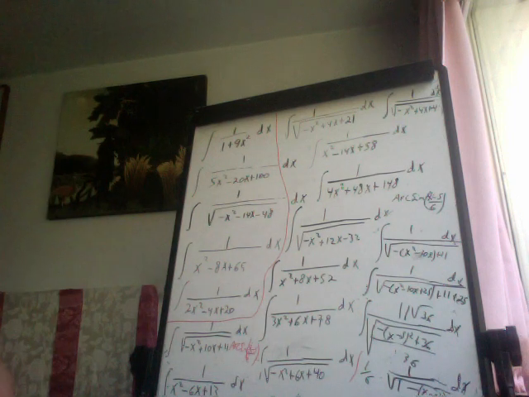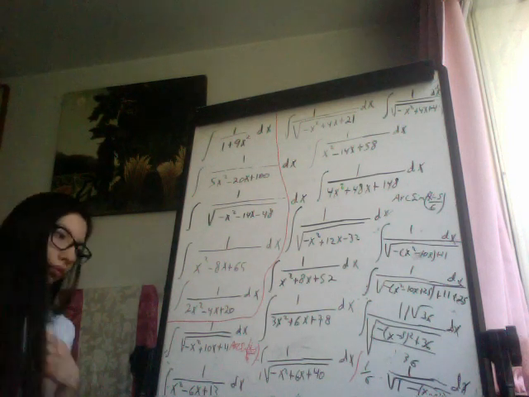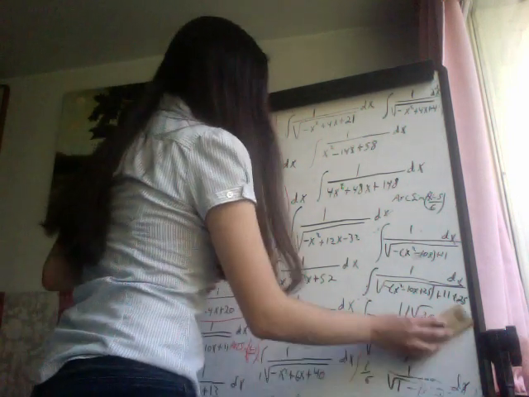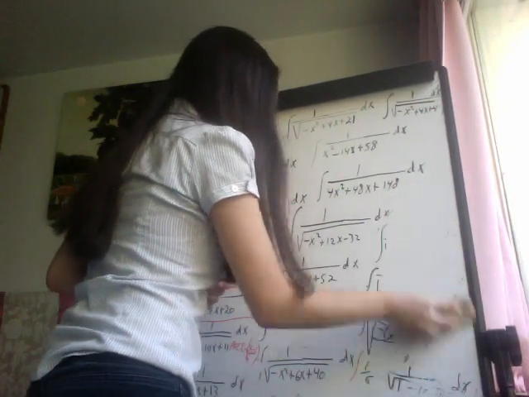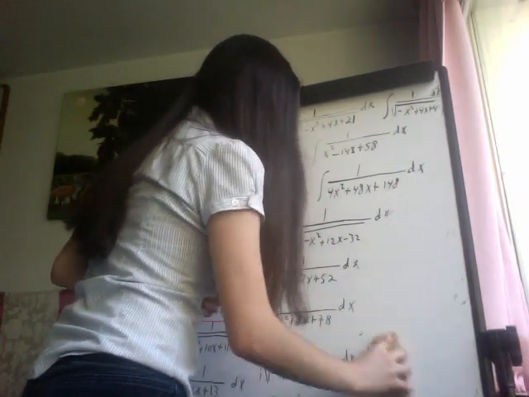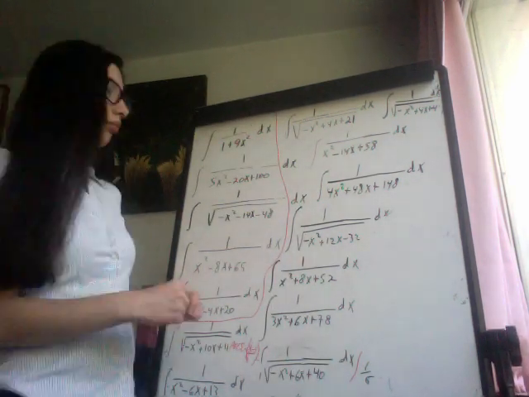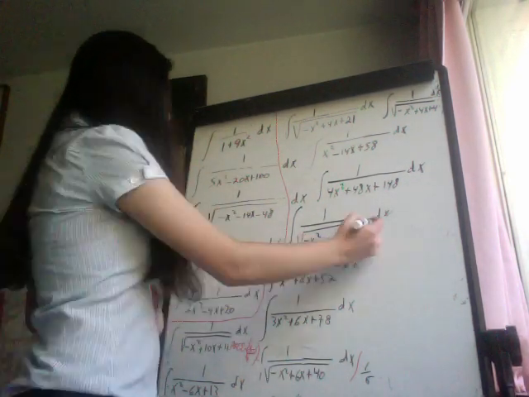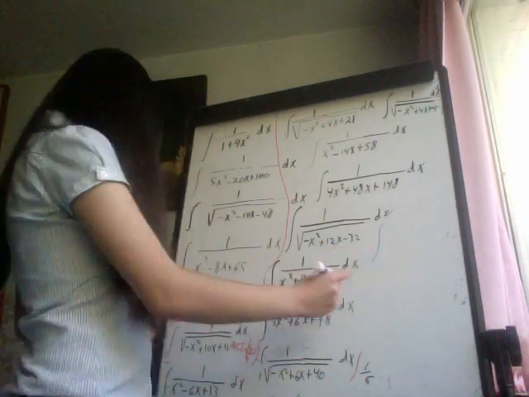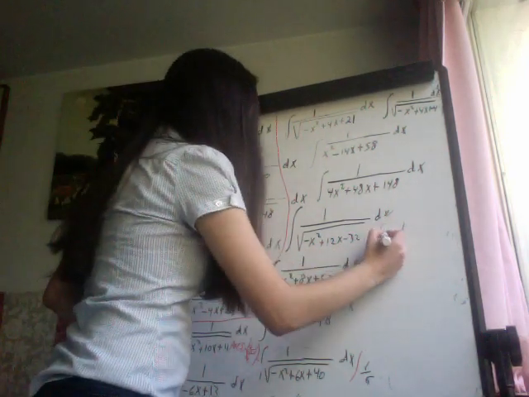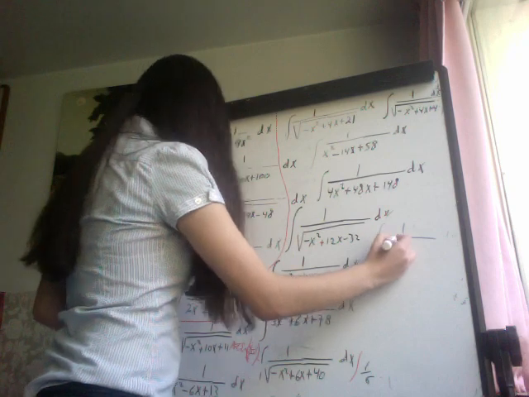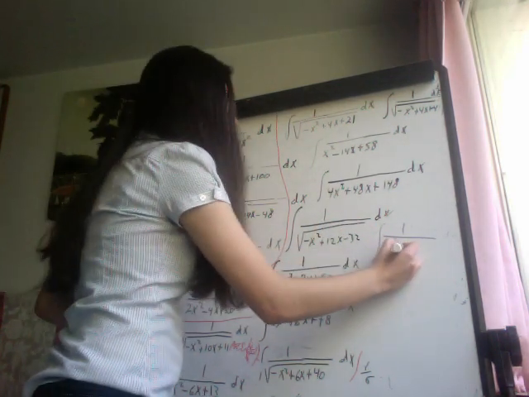First, try to do it by yourself. Alright. So, this would be the integral of 1 over, let's complete the square, x squared minus 6x.